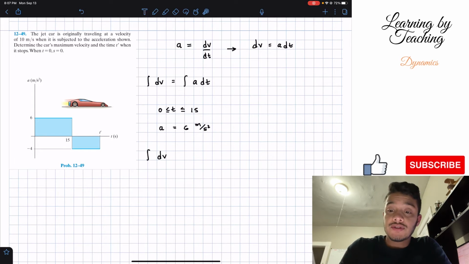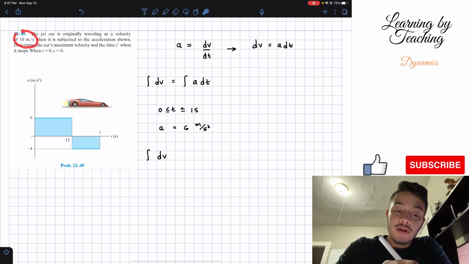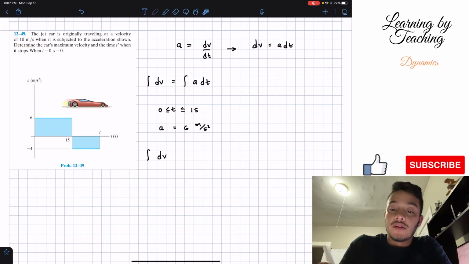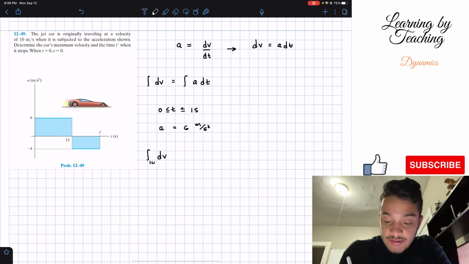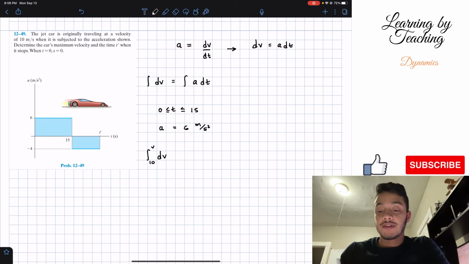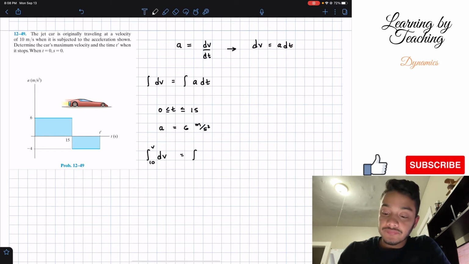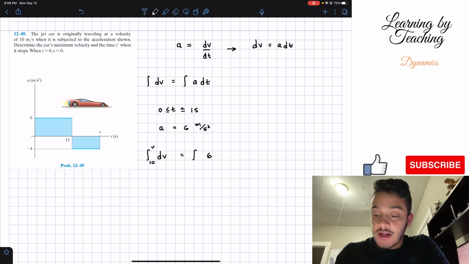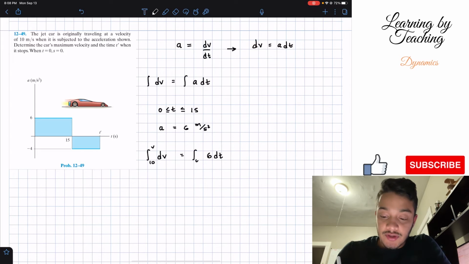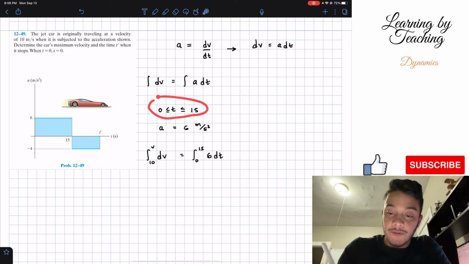Do we have an initial velocity? Yes, we have an initial velocity of 10 meters per second that the problem statement is giving us. So we got 10 all the way to our final velocity, okay? And this has to be equal to the integral of our acceleration. Well, our acceleration is 6 multiplied by our change in time, and then the time starts from 0 all the way to 15 as we stated in here, okay?